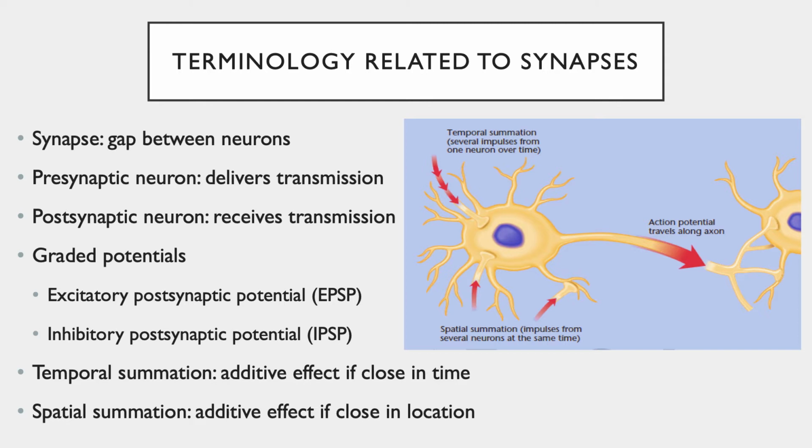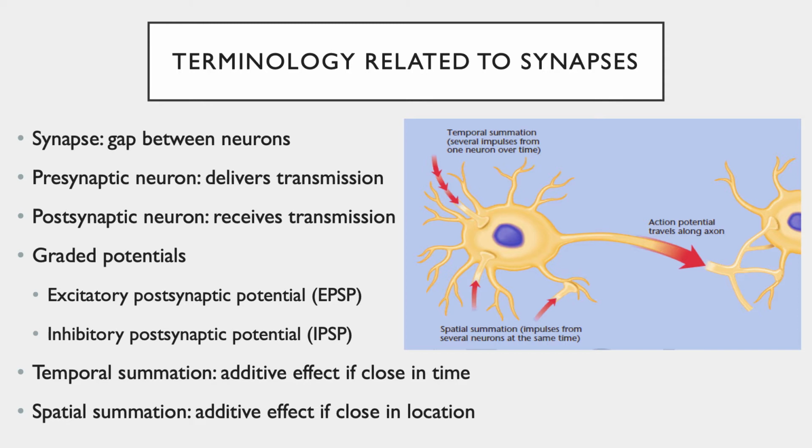In contrast, inhibitory postsynaptic potentials hyperpolarize the cell, meaning it becomes more negative on the inside. And because of that, it gets further and further away from triggering an action potential. IPSPs occur because the neuron selectively opens gates for potassium to leave the cell or for chloride to enter.